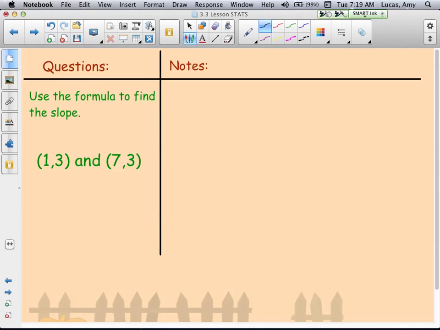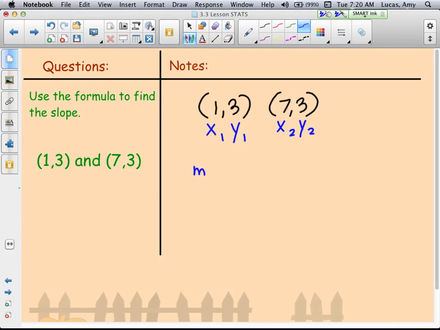Next one. x, y, first ordered pair. x, y, second ordered pair. Slope formula. Subtract the y's on the top of your fraction.